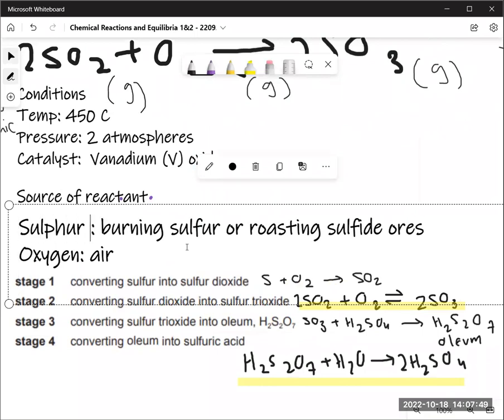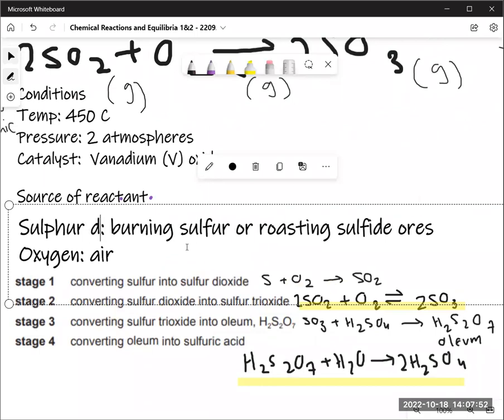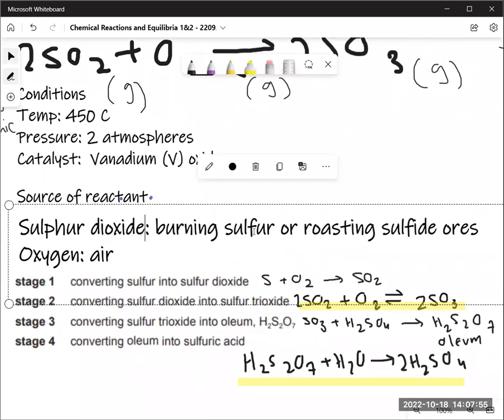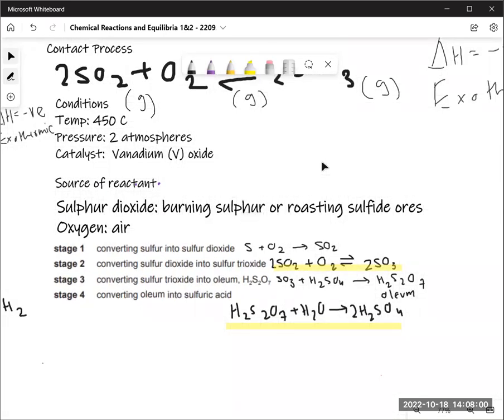So sulfur dioxide, and burning sulfur. Add one more point here: burning sulfur in air.